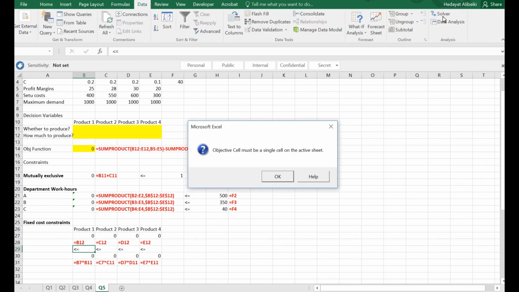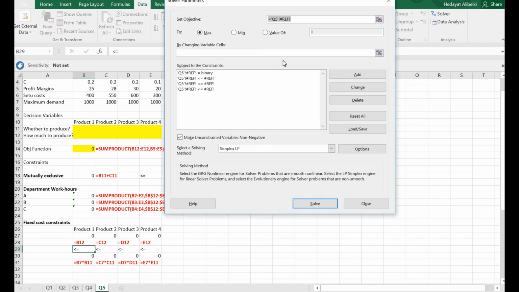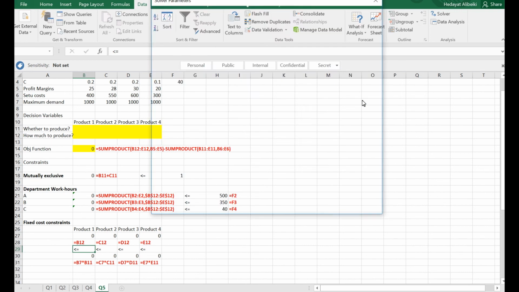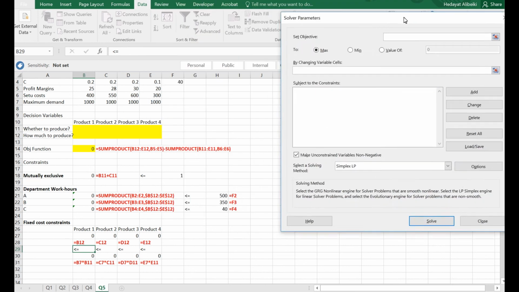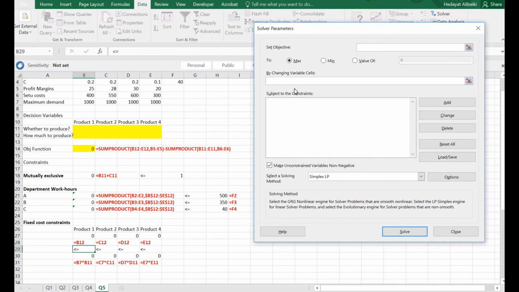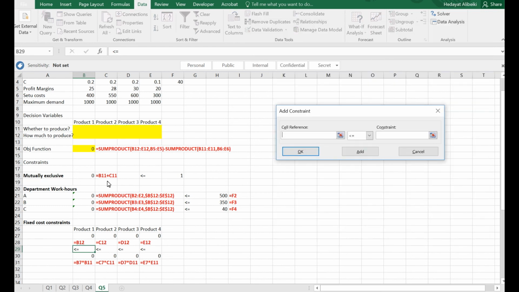So if we go to Solver, the objective: we want to maximize the profit by changing these 8 cells, and then subject to the following constraints. We want this to be less than or equal to 1.